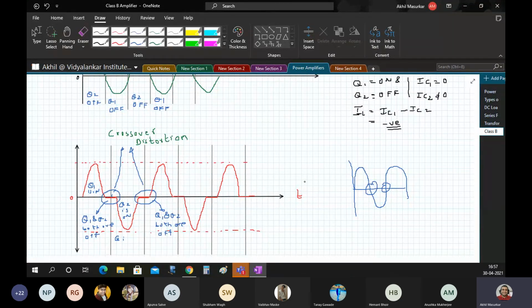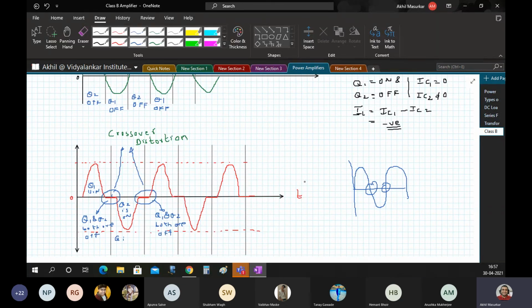Have you understood why crossover distortion occurs? Two reasons. Number one, the value of beta or HFE is quite low near the cutoff region as compared to the rest of the cycle.